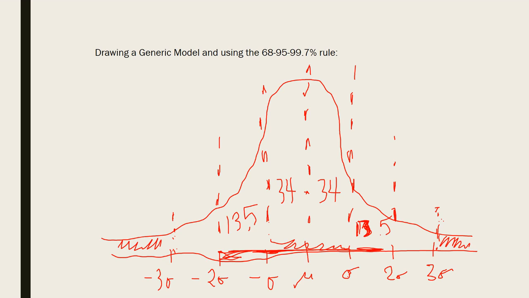And remember, the whole distribution encompasses the whole data, so the whole distribution is 100% of the data. This encompasses 99.7%, so the remaining 0.3% is in the tails, and it's split evenly between the left tail and the right tail. So half of 0.3% is 0.15%.